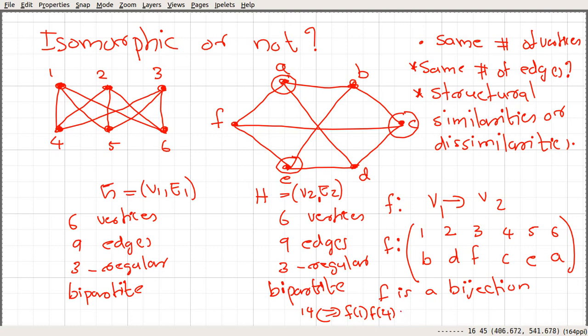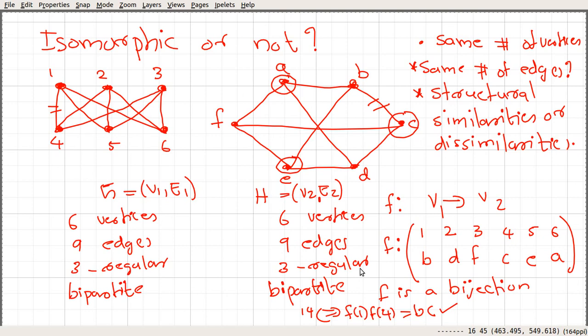F of 1 is B and F of 4 is C. What about BC? BC is an edge. 1, 4 is an edge here, 1 and 4 are adjacent here, and similarly F of 1 and F of 4, which is B and C, they are also adjacent in H. So the adjacency is preserved for this edge.